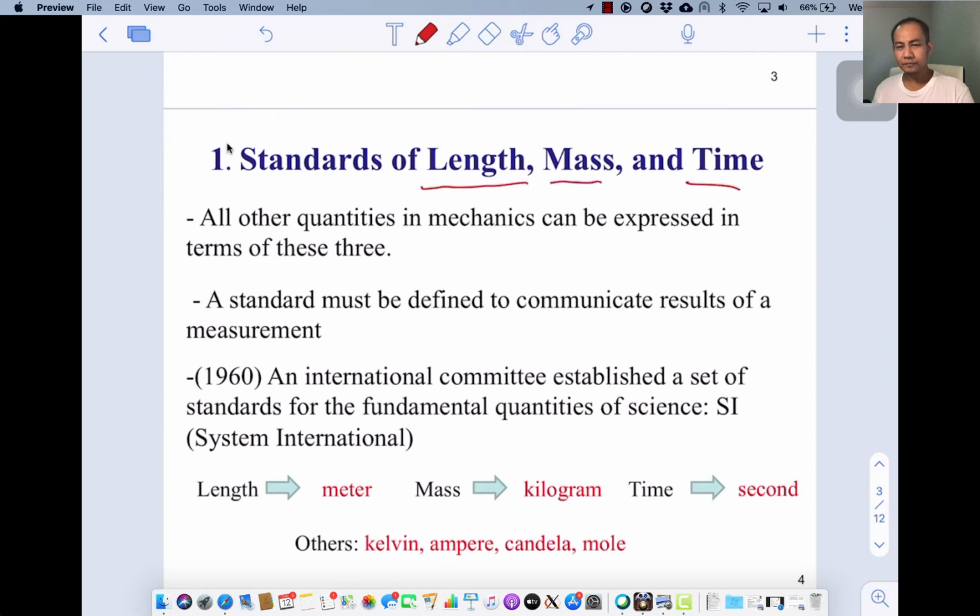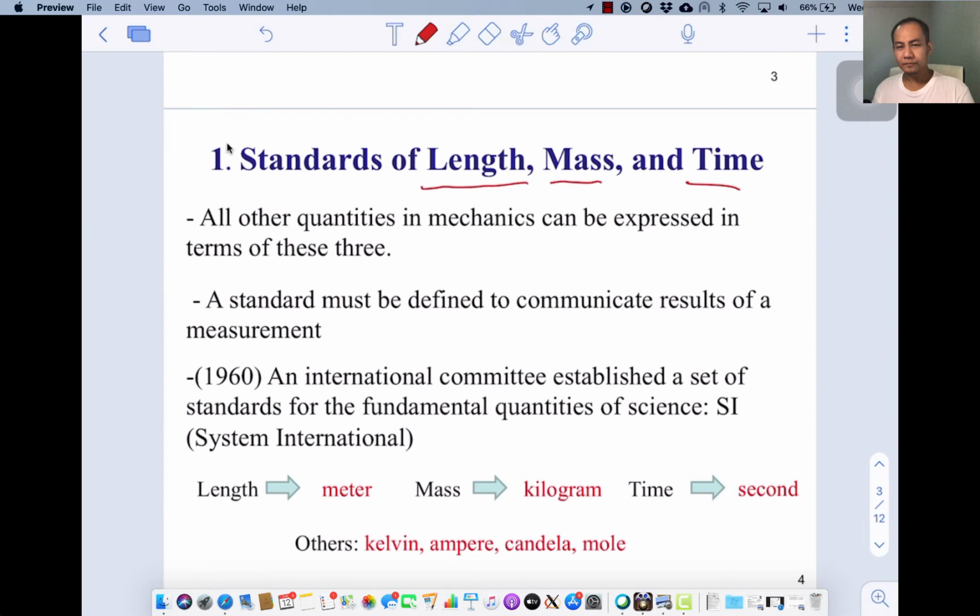If we have one object, for example this object, and I want to measure its length, we need a ruler, right? We need a ruler to measure its length, the width, the height, and the thickness. So we need a ruler or something else.